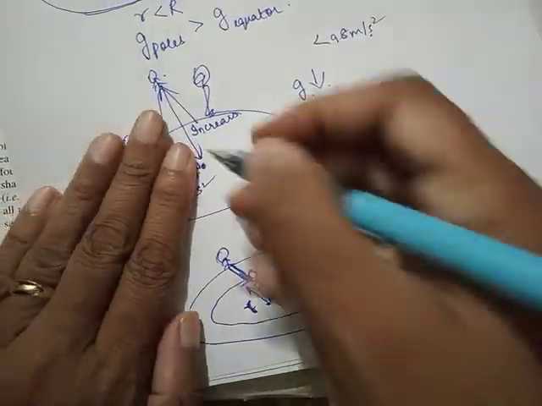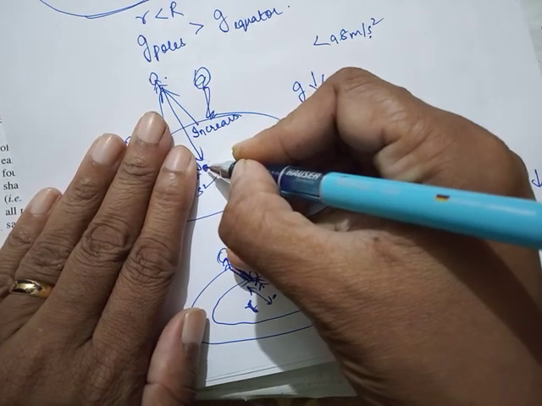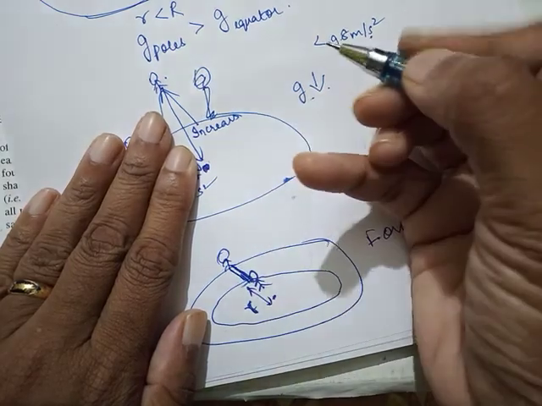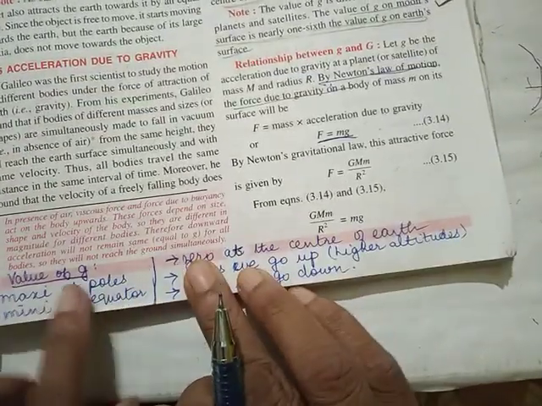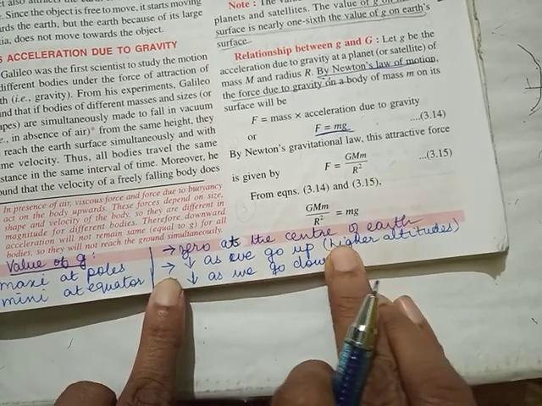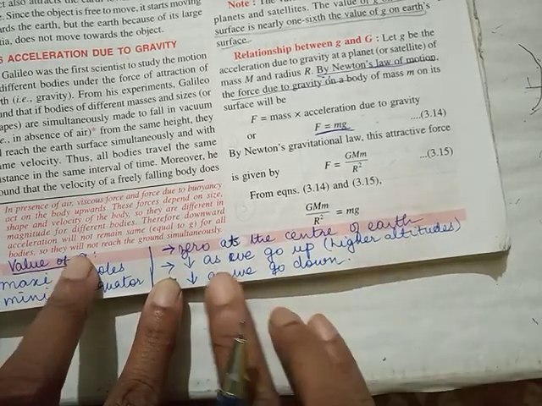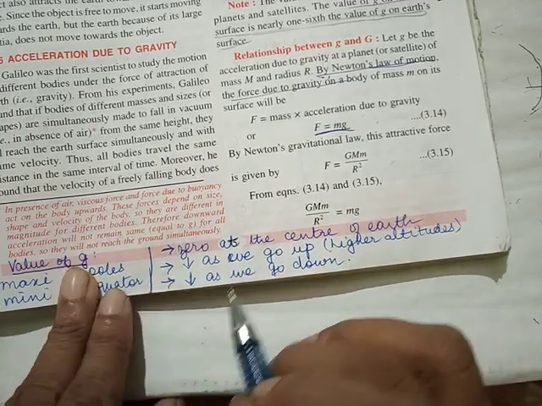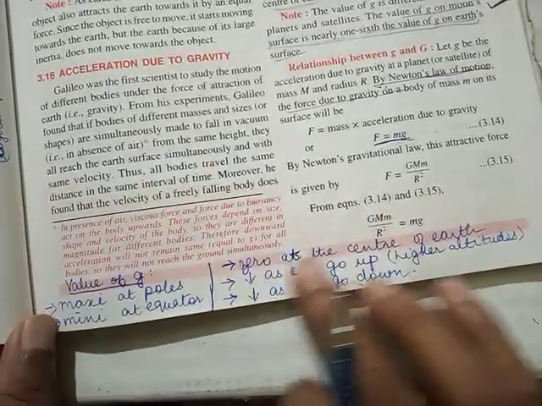If I have to find the force of gravity between a body at the center of Earth and the center of Earth itself, distance will be 0, so g will also be 0. Then it decreases as we go up to higher altitudes, and it decreases as we go down inside mines. These 5 conclusions you're supposed to remember.